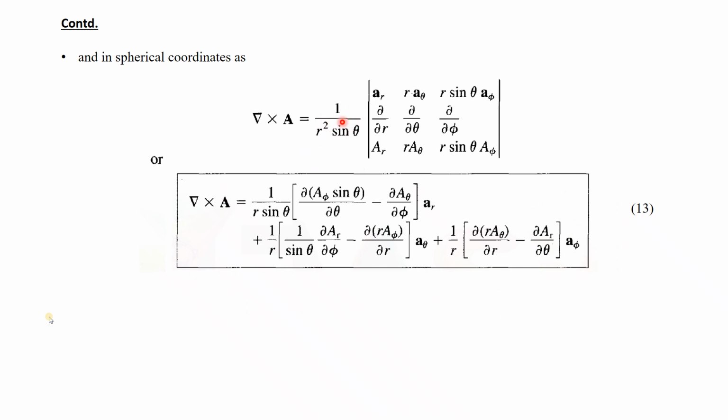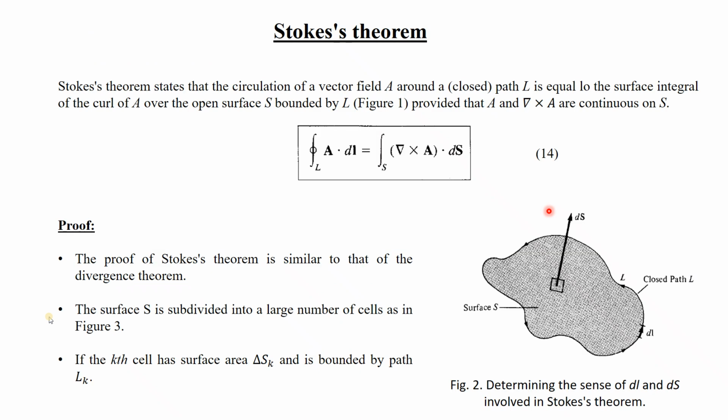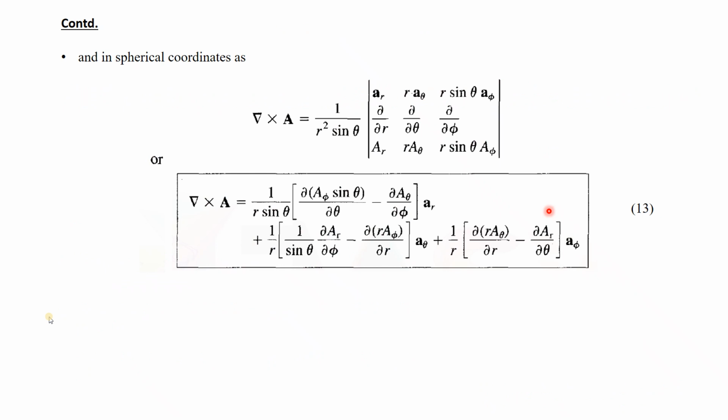You can see that in the spherical coordinate system, the equation is quite big. How it is coming is very easy. If you remember the values of del and vector A in spherical, you just perform this operation on your own and you will get this particular solution. You can check it. It will also help you in practicing this cross product.